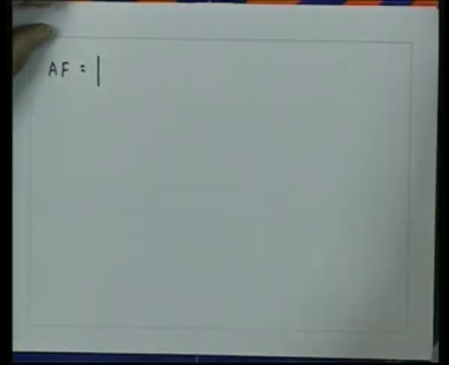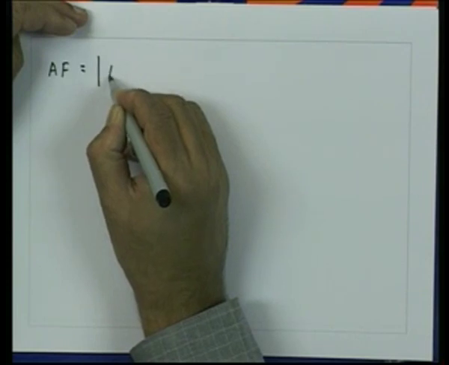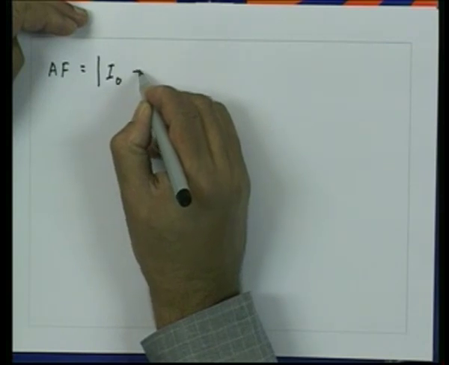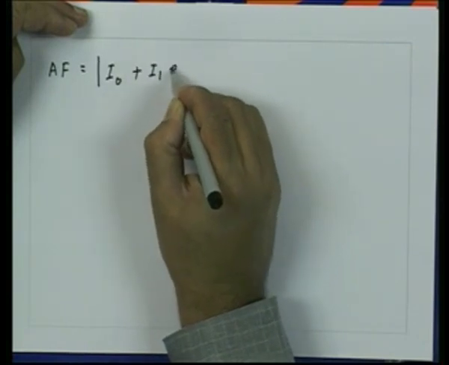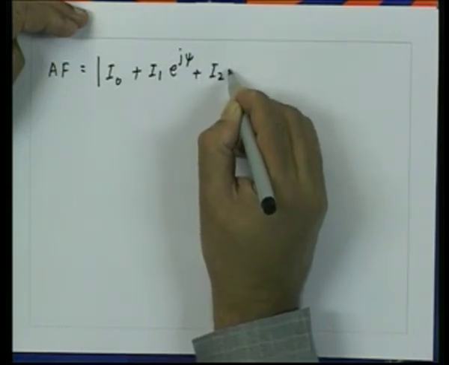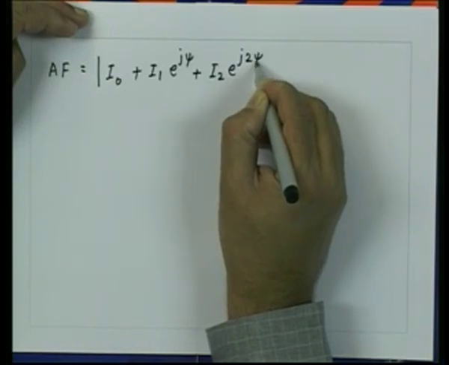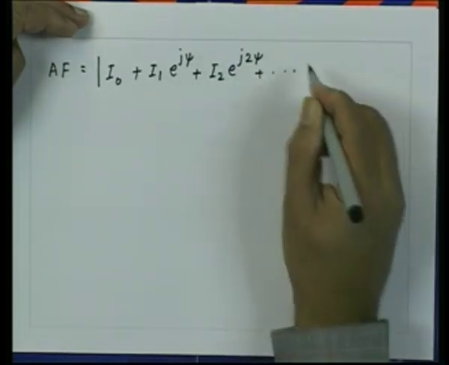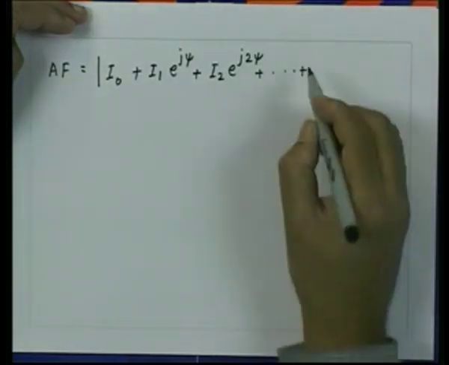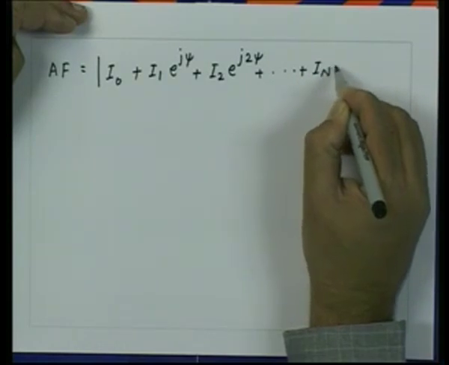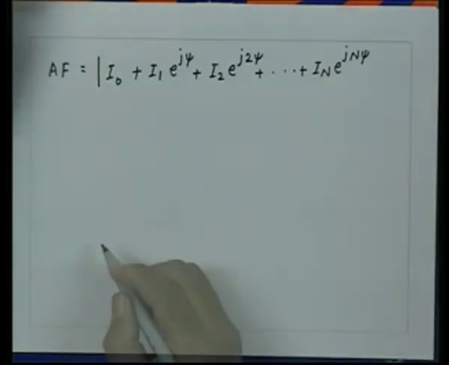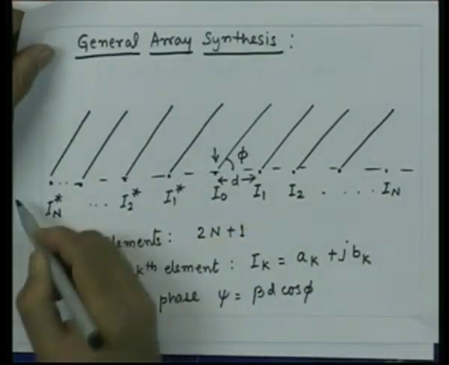So, we can write here I0 plus I1 e to the power j psi plus I2 e to the power j 2 psi plus up to the nth element on the right side, which is In e to the power j n psi, and then I take the elements which are on this side.